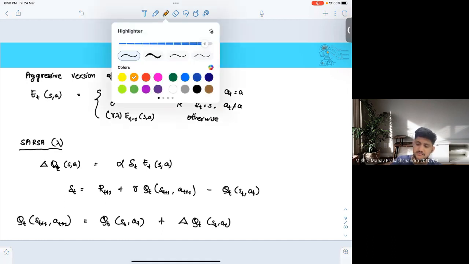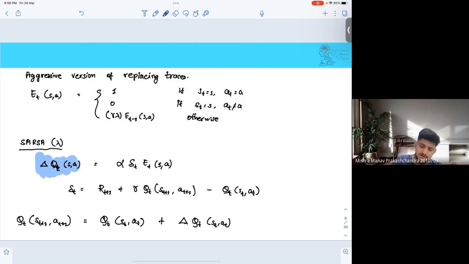Just making a note of the important thing here: this is how the SARSA lambda update looks, and this is how my delta_t for SARSA lambda looks.